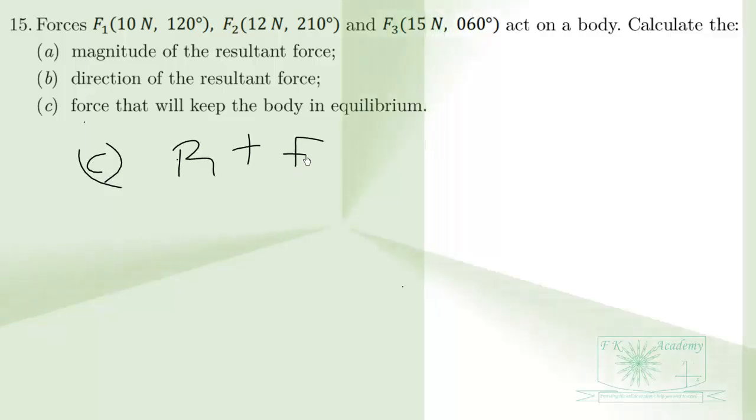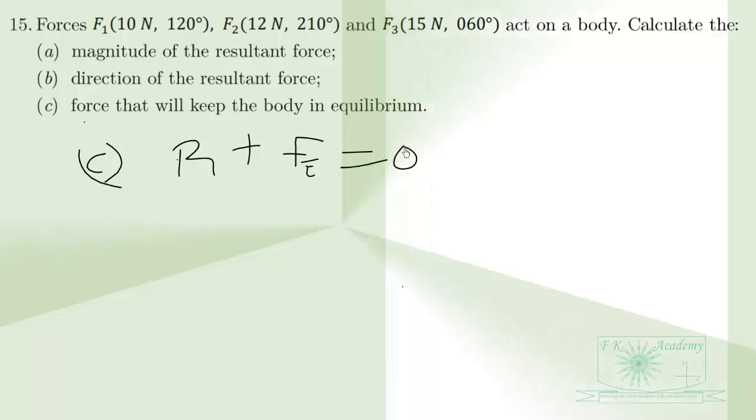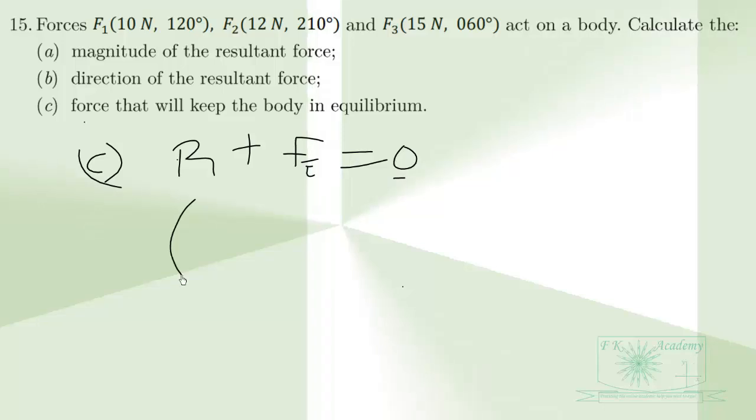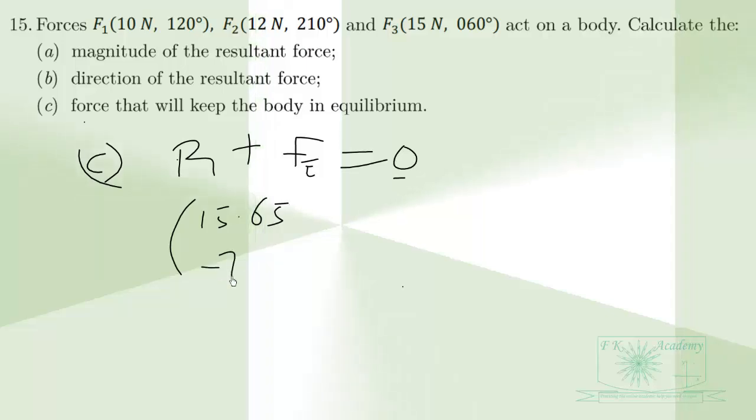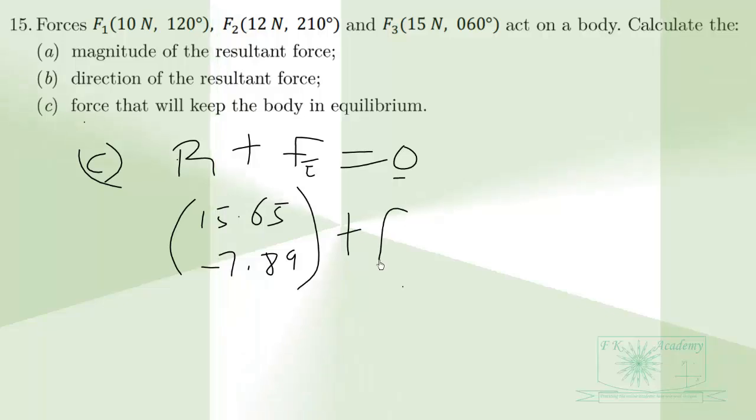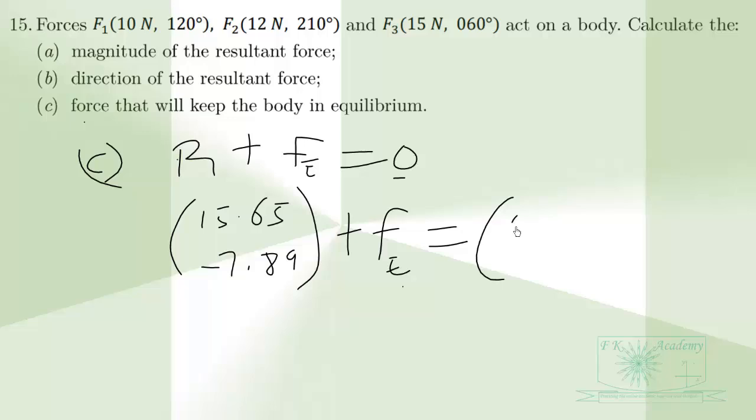The force that will keep the body in equilibrium has to be added to the resultant force, and the sum will be equal to 0, the zero vector. So the resultant force was 15.65, then negative 7.89, plus the force that will keep the body in equilibrium should give us the zero force.